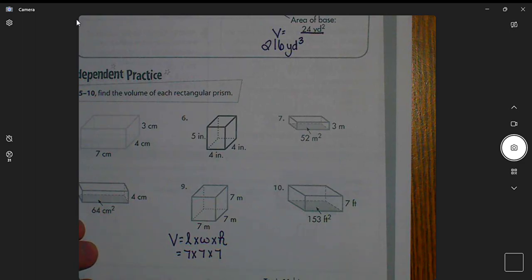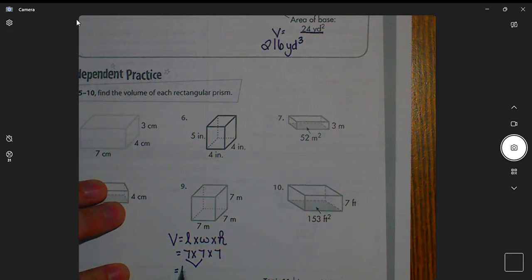Well, what is 7 times 7? Now, if you watched the Super Bowl last night, it's going to tell you your answer. One of the teams is the answer to the problem. 7 times 7 is 49. The San Francisco 49ers played the Chiefs. So 49 times 7.